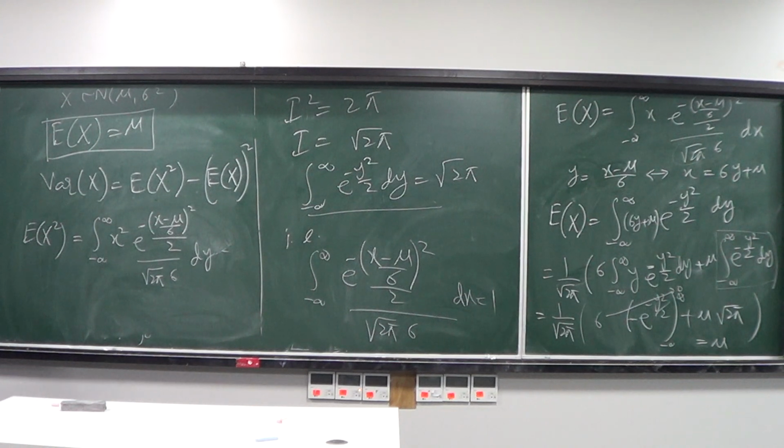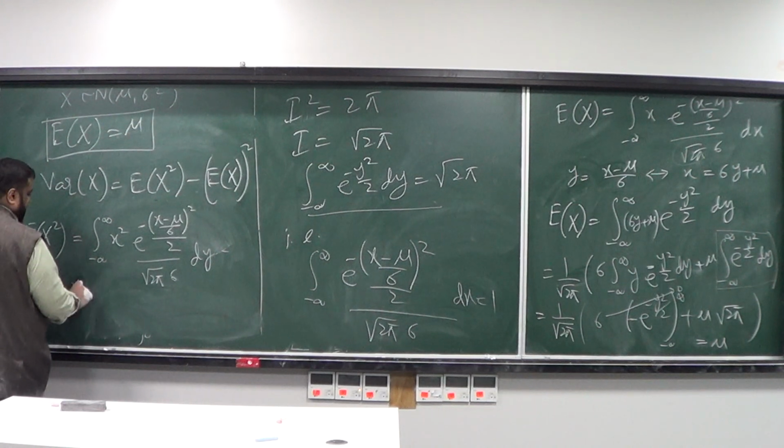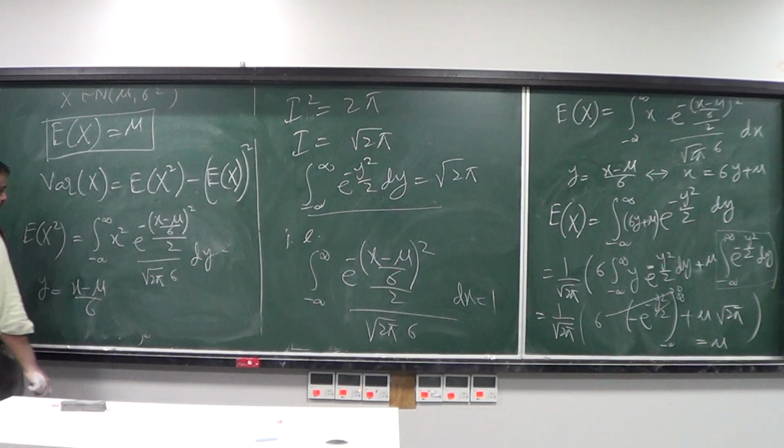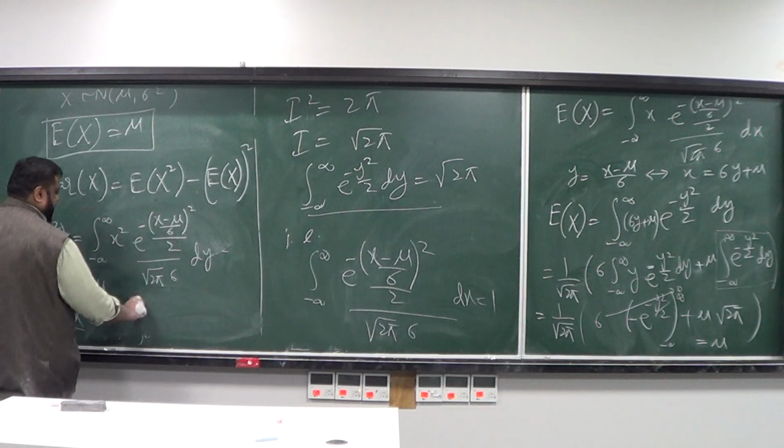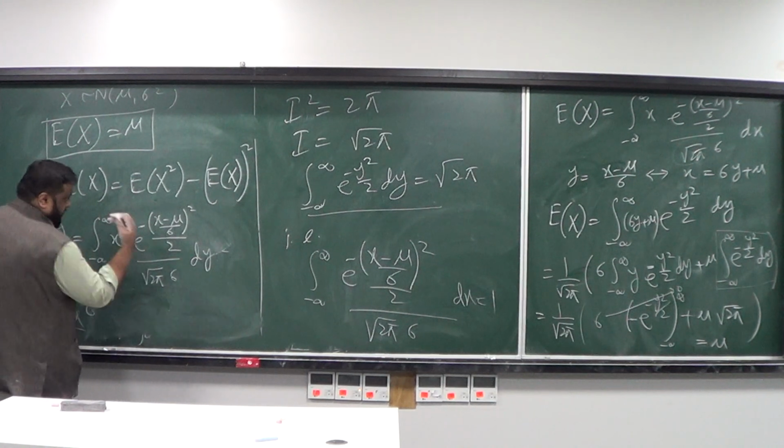So how can we proceed? We can do the same substitution. See, the same trick works again and again. Let's set y to be x minus mu by sigma. Then dy is going to be dx by sigma, and the limits stay the same, as we know.